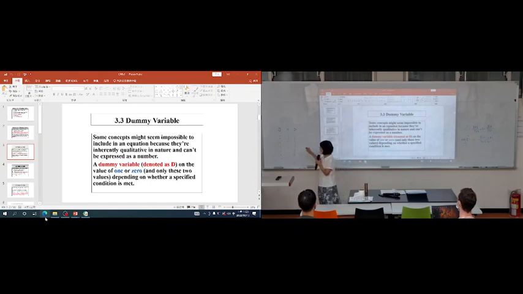I already mentioned that if I have two categories, then one dummy variable is enough. Then how about three categories? How many dummy variables should I use to explain three categories? D is whether it is a graduate or non-graduate, right? Now we have two extra variables, which are PhD and master's.